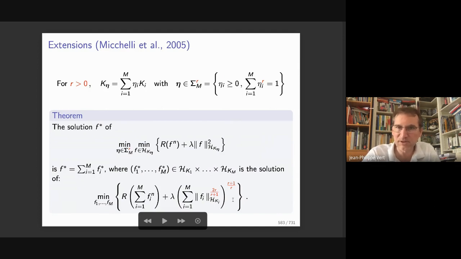And so if you pick a given positive r, then the regularization you create is the sum of norm of fi to the power 2r over r plus 1. Right, so for example, when you take r equal to 1, you obtain 2 over 2, which is 1. So this is MKL. But you can obtain different values, and in particular, you can obtain larger values or smaller values when you play with the r.